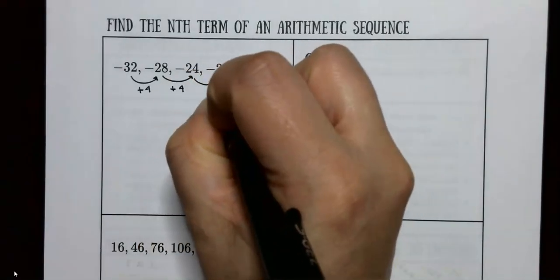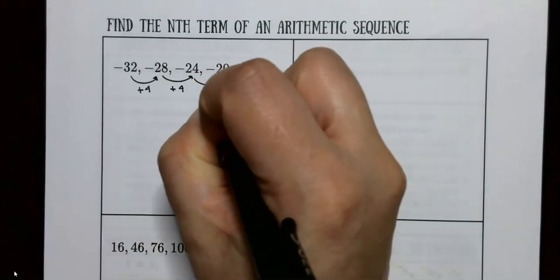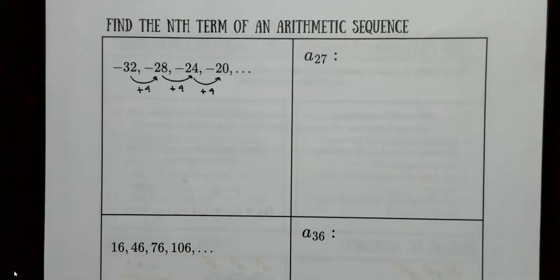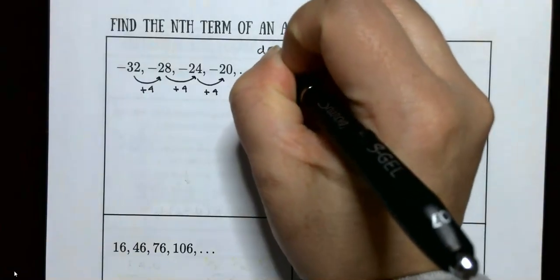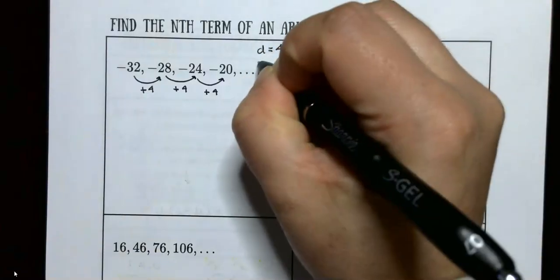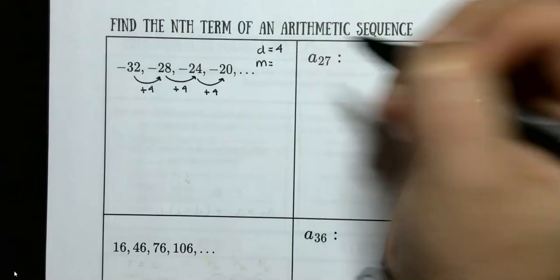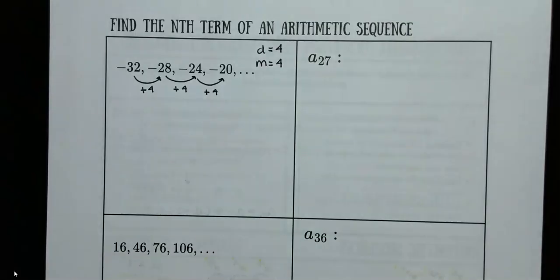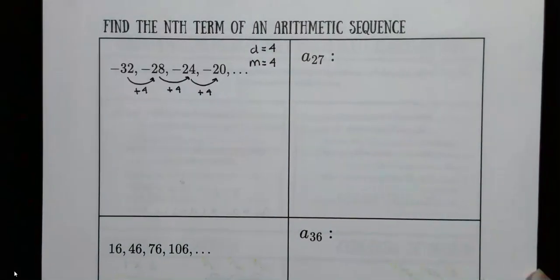And from a -24 to a -20, we're also adding 4. Because the difference between all these numbers is the same, a positive 4 every single time, our common difference is 4. And since we're using the point-slope formula, we're just going to say that our slope is also a positive 4, because that's how these numbers are changing.